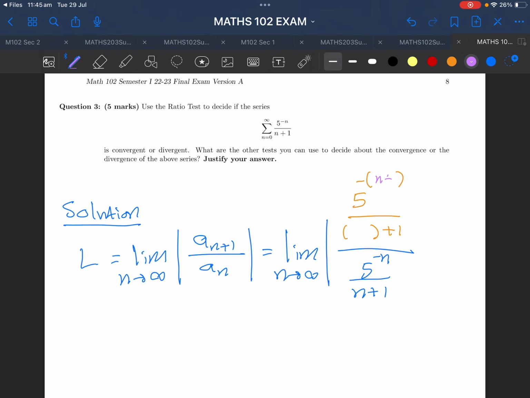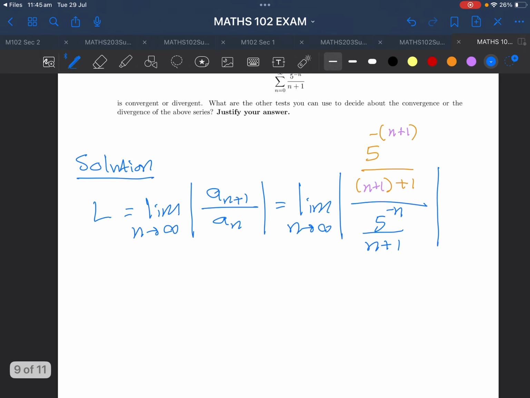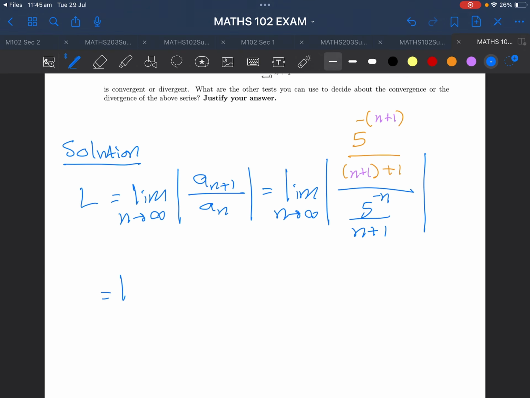So this would get us to the following. Here is the limit as n goes to infinity. In the top, we have 5 to the negative n negative 1 divided by n plus 2.